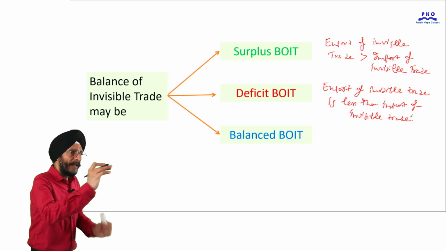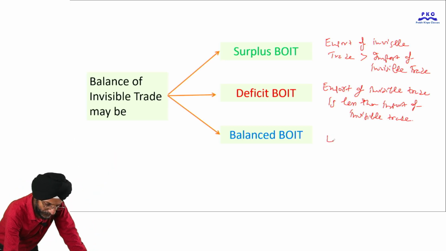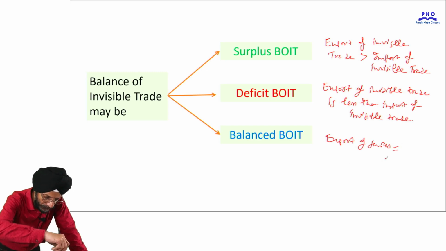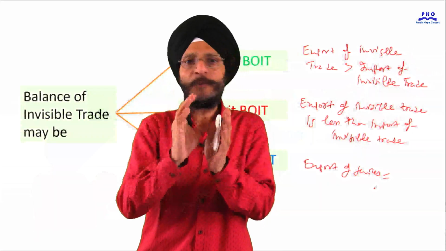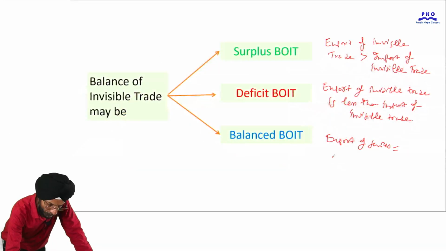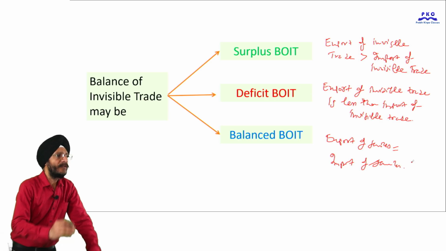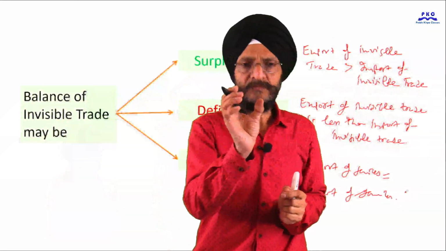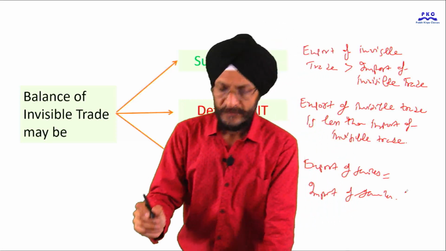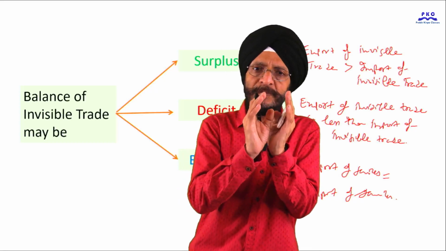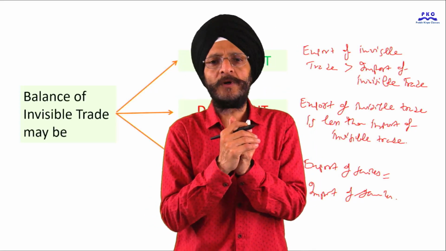Now the balanced BOIT occurs when value of export of services, or value of export of invisible items, is equal to import of services. When we are talking about balanced BOIT, here we will be taking into account that exports are roughly equal to imports.